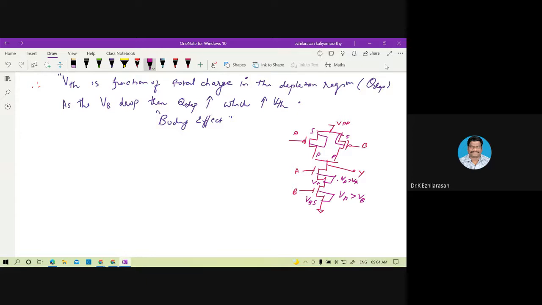But as I mentioned already, the bulk must always be connected to the lower potential. This is connected, but this is not connected. What will happen? There will be an effect in this place. So this is the body effect, because the threshold voltage will get changed there.